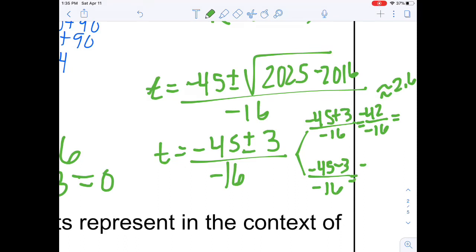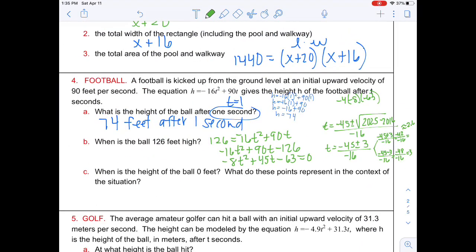And negative 45 minus 3 is negative 48. Negative 48 divided by negative 16 equals positive 3. So when will the ball be 126 feet high? At approximately 2.6 seconds and 3 seconds.